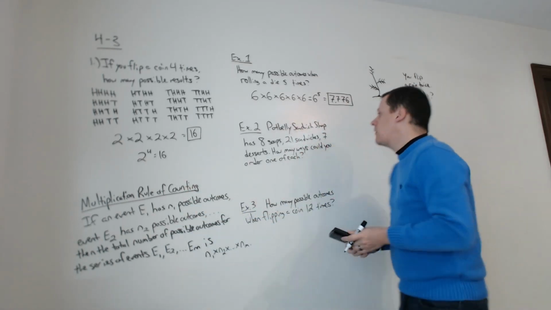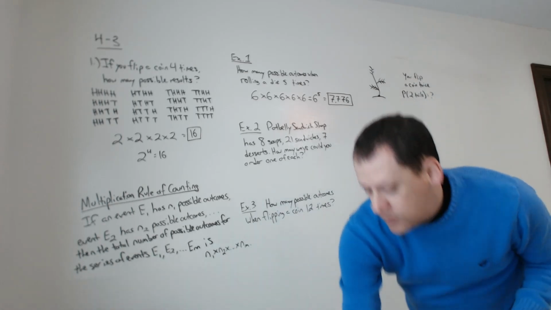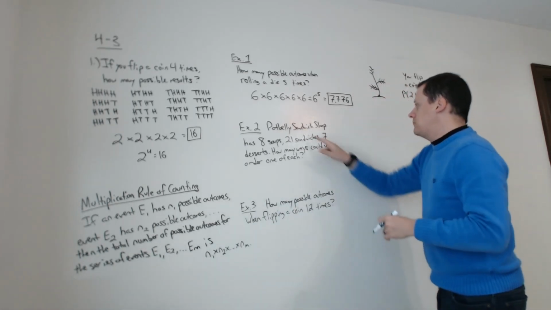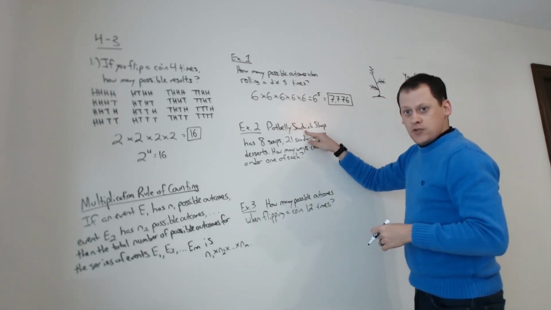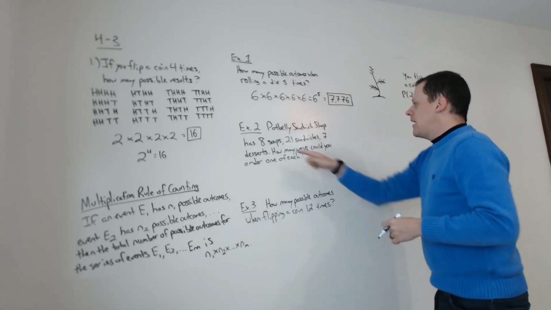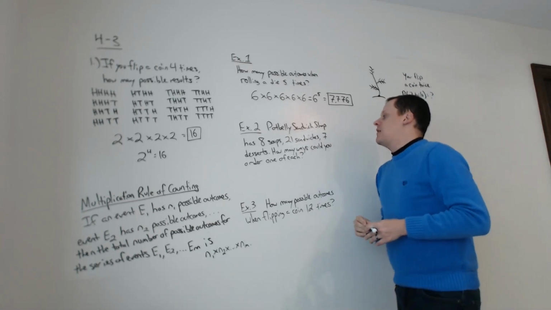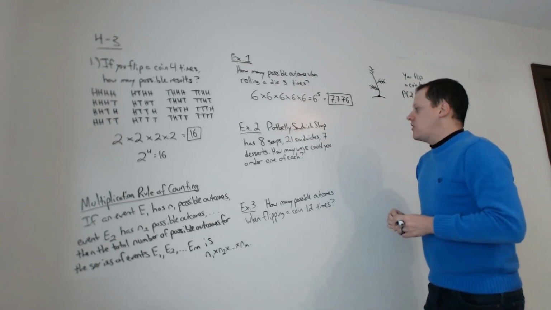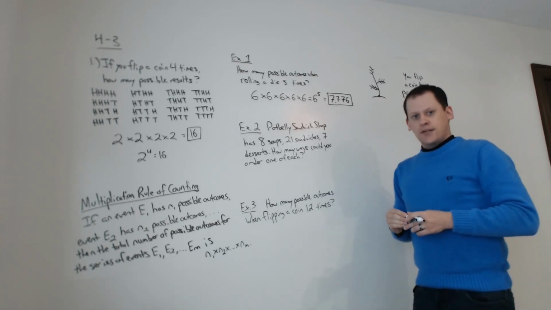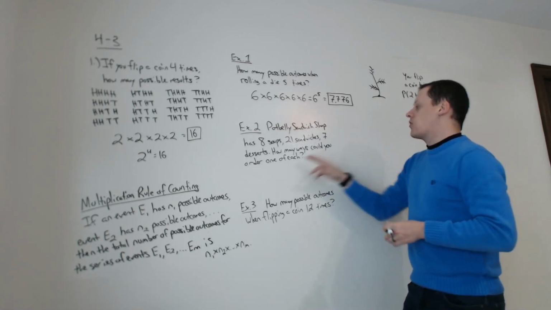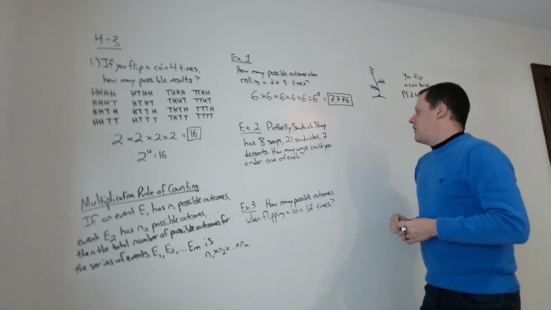That's it. Example 2. Potbelly Sandwich Shop. My favorite place to get a sandwich in Noblesville. Has 8 different soups on their menu, 21 sandwiches, and 7 desserts. And I've had almost all of them, and they're all delicious. So how many ways could you order one of each? Okay.